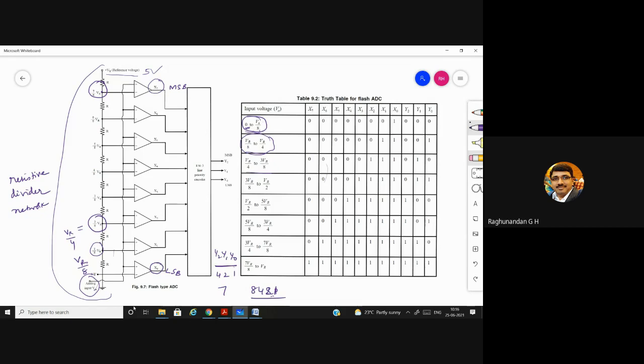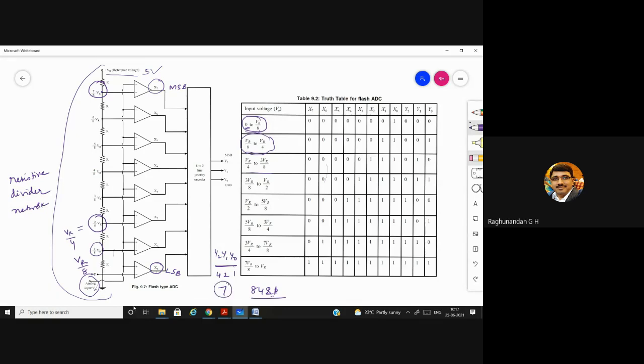That is the maximum value. Yes, sir. For 3 bit, 7 is the maximum value. Okay. So now 7 will be the maximum value.